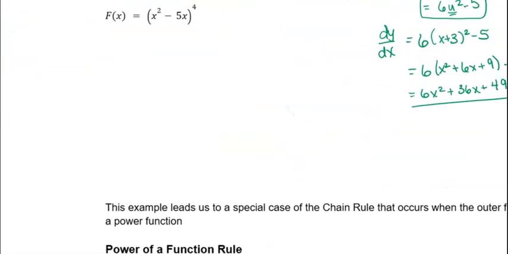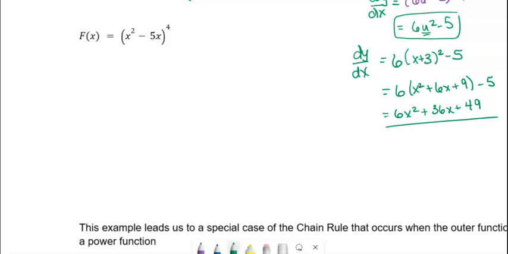Let's try one more, and then hopefully we'll see the new rule. The outer function must be x to the power of 4. The derivative of that is 4x to the power of 3. The inner function is x squared minus 5x.